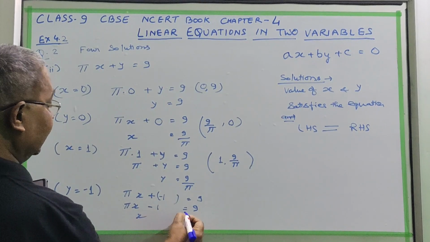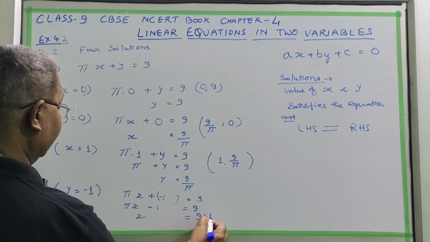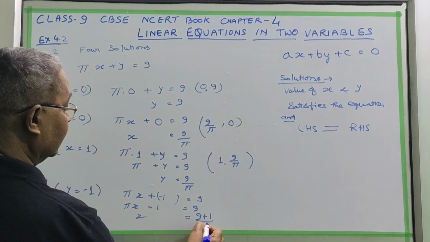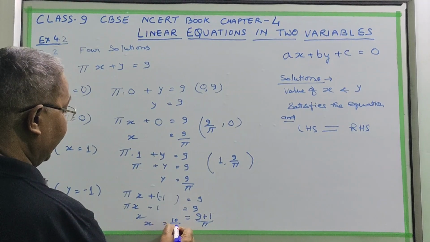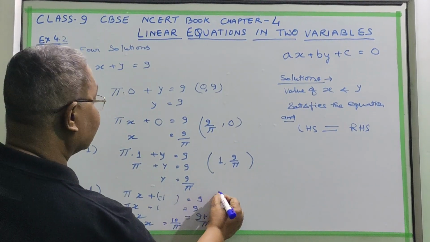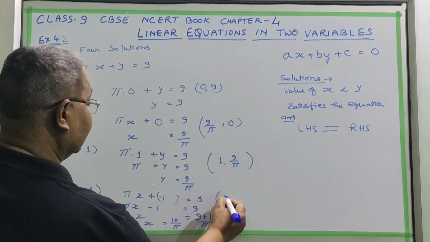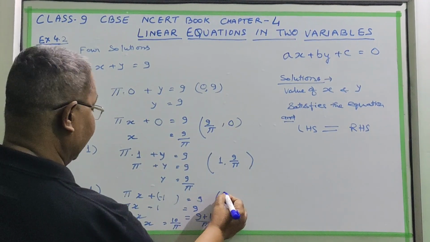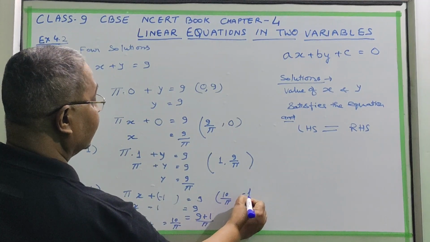So x is equal to 9, this one will come to this side plus 1 and this pi will go down. Okay. So x is equal to 10 upon pi. So your answers are x is equal to 10 upon pi and minus 1.